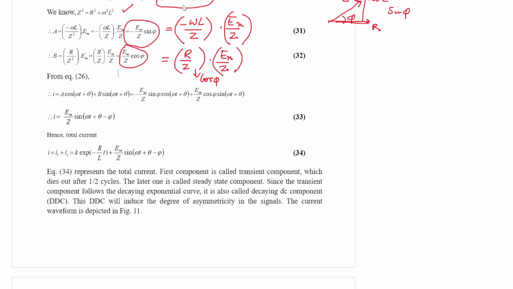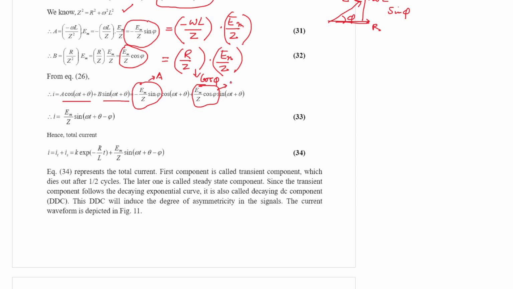So we have the solution i is equal to A cos(omega t plus theta) plus B sin(omega t plus theta). We have started from here. So we substitute A is equal to minus Em by Z sin phi, and B is equal to Em by Z cos phi.